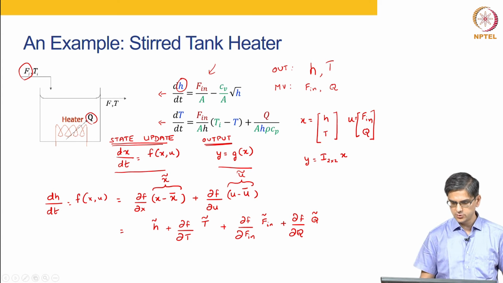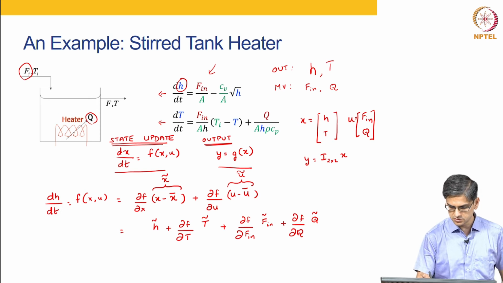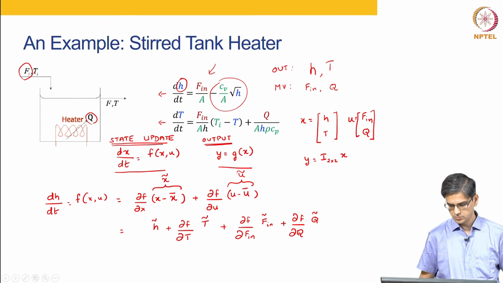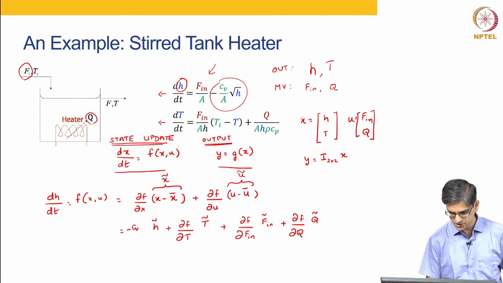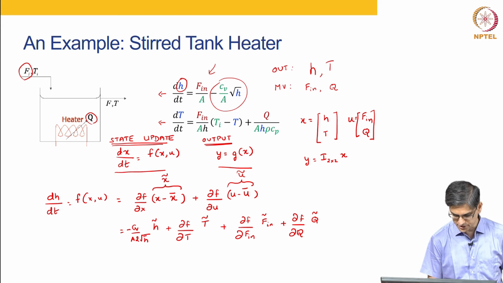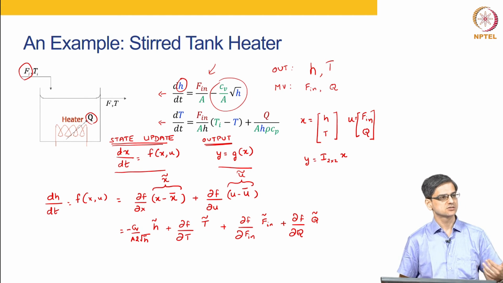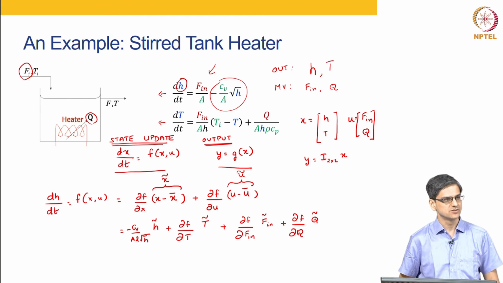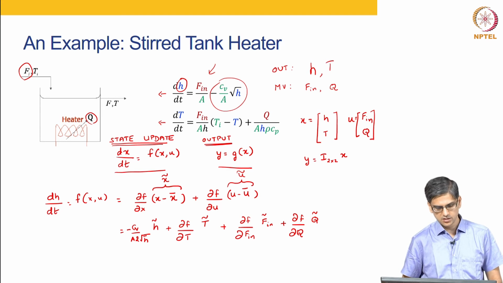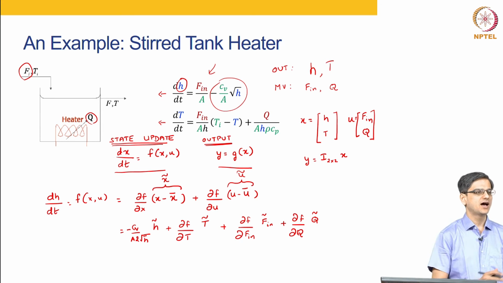∂f/∂h is nothing but negative Cv by A times 2 root h bar, right, because ∂f/∂x has to be calculated at steady state values. Okay. Now, you will notice I do not have that constant term.